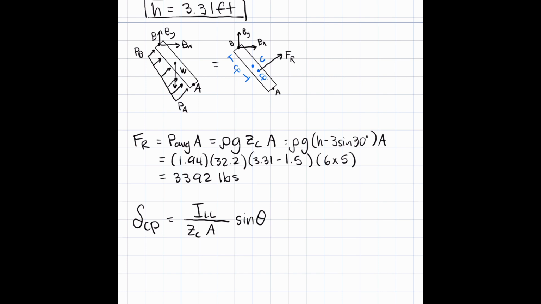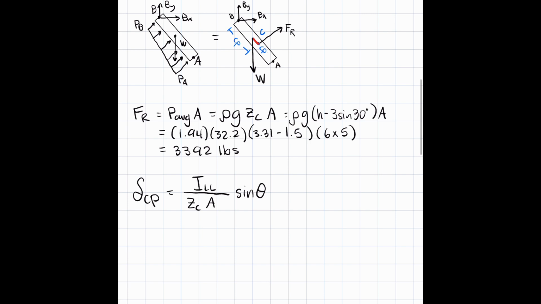And what delta Cp is going to give us is this distance right here that I'm drawing on the free body diagram. That is the distance from the centroid to the center of pressure. And I'm just realizing I forgot to draw the weight, so I'm also going to put that arrow back in there.